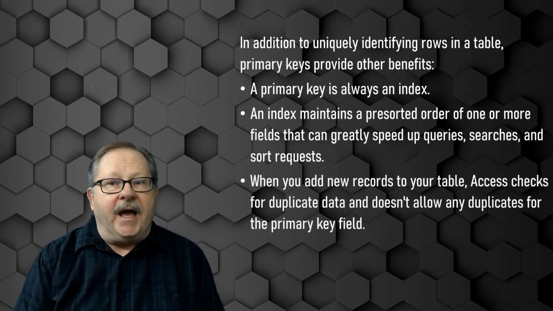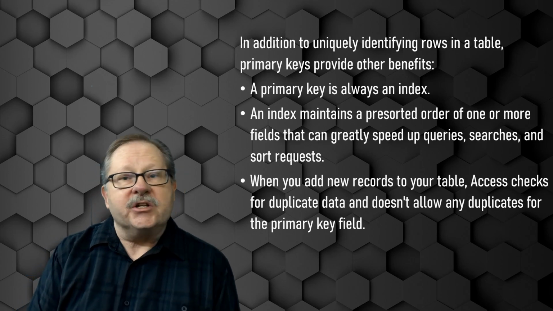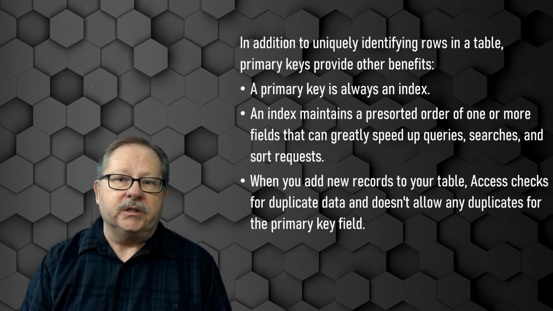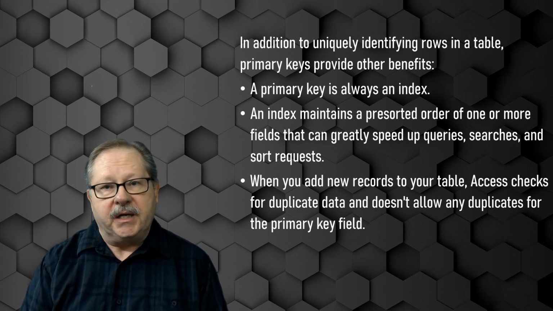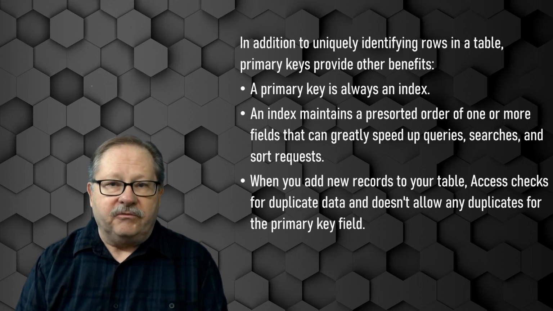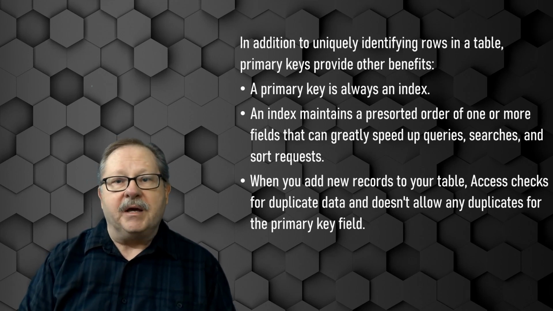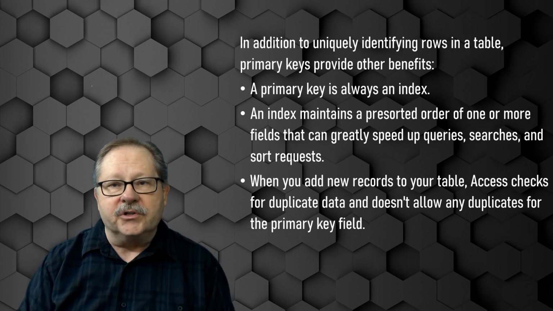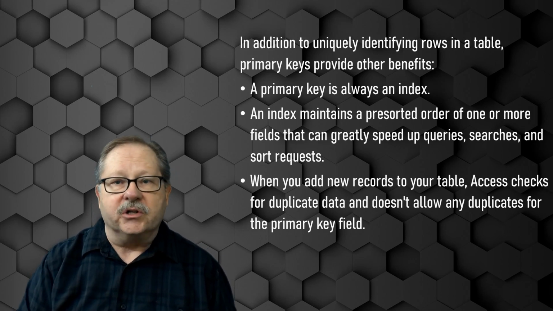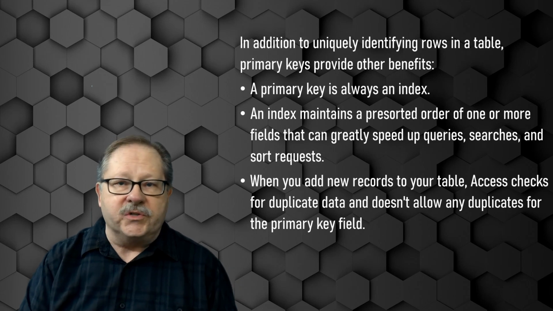The next thing is when you add new records to the table, Access checks for duplicate data. So let's say that the data that you want to put in and uses your primary key is, let's say, a student number. So it's a manually entered field that you need to make sure is unique. And maybe you take the first 3 letters of their last name and their first initial, and then you put 4 digits after it.